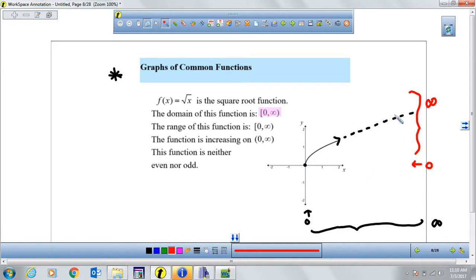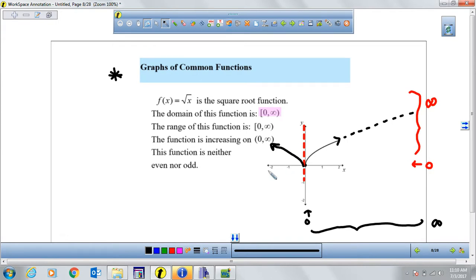From 0 to infinity. And the function is not even or odd, because for even, remember that the function is required to reflect over the y-axis. But if I reflect it over the y-axis, we should be able to see a piece of the graph on this side, but there's nothing on the left side. So there is no y-axis reflection.